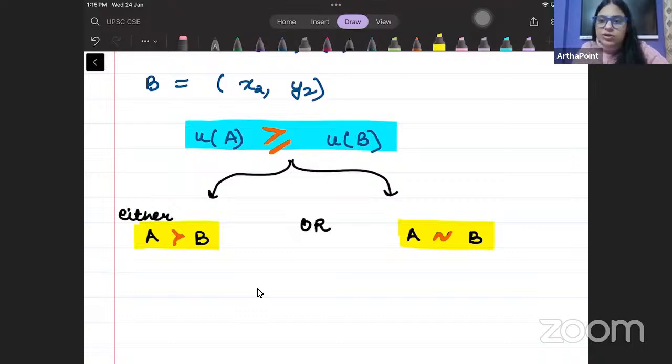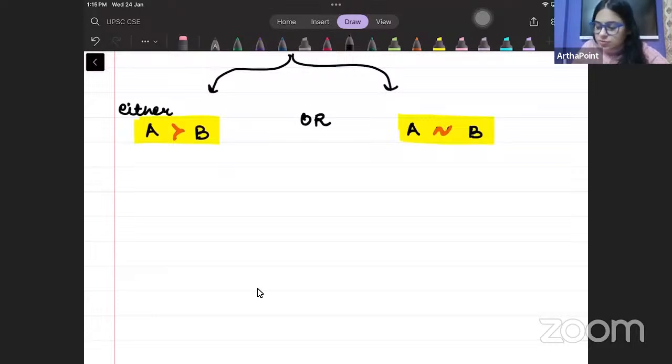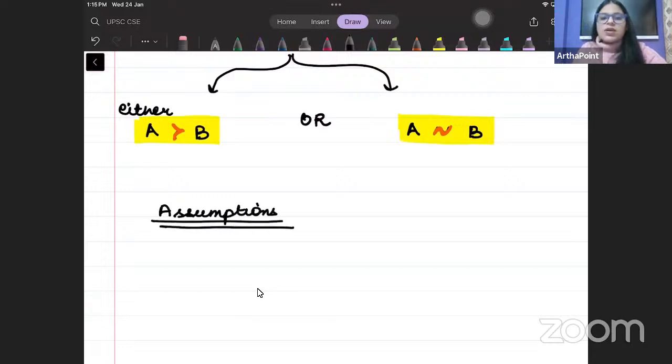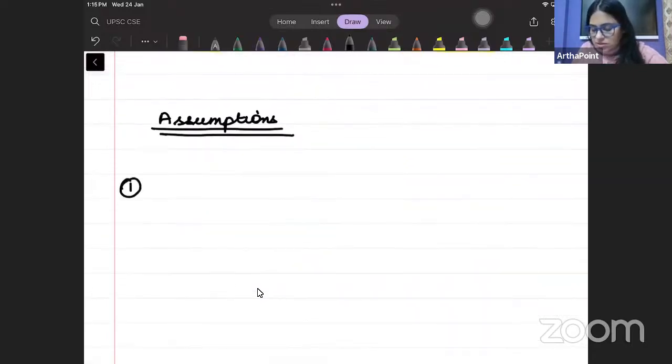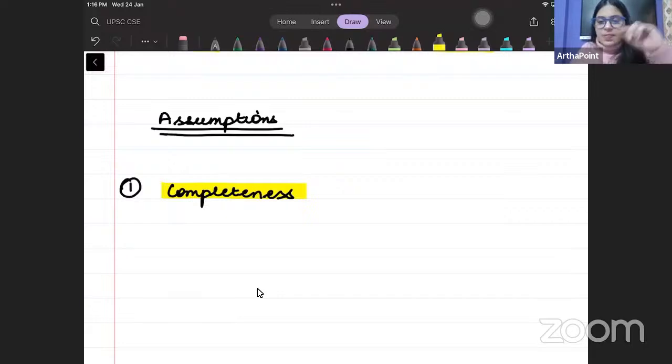Okay. Now what we need to understand are some of the assumptions of indifference curve model. Now, when it comes to assumptions, the first assumption that we have is completeness. What is completeness? Completeness means that the consumer should be capable of ranking alternative bundles. So please write down.